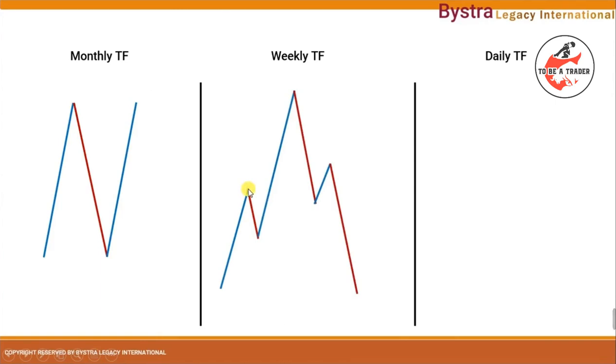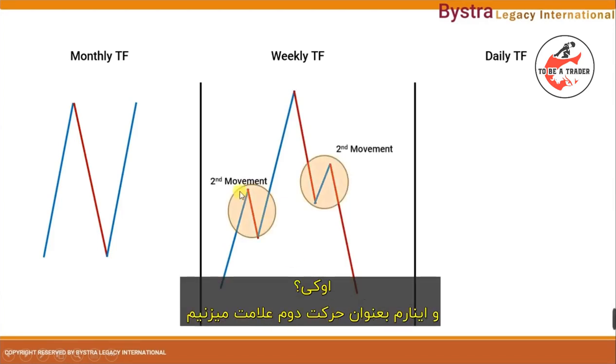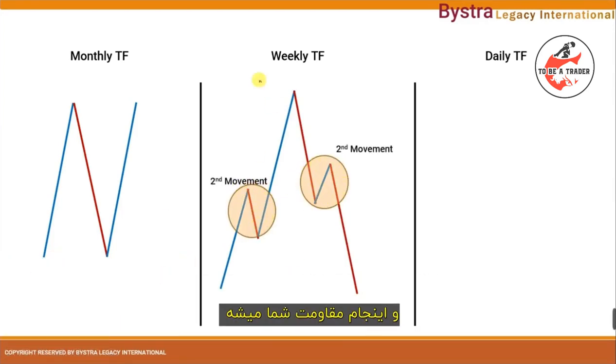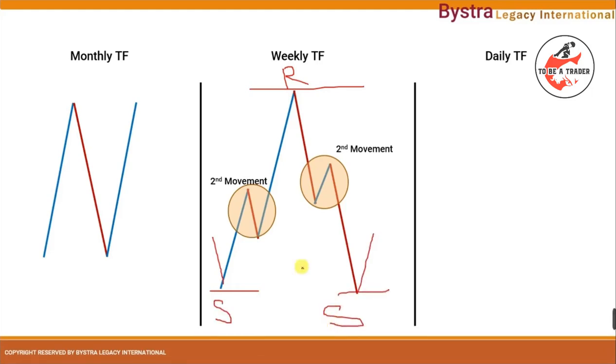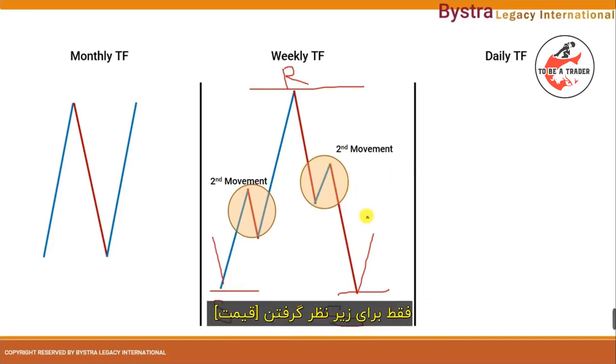See, there's up, down, up, down, up, down. Okay, and this is marked as the second movement. Now here will be your resistance, and here will be your support. All right, here could be your support as well. Like I said, we just mark it for monitoring purposes.